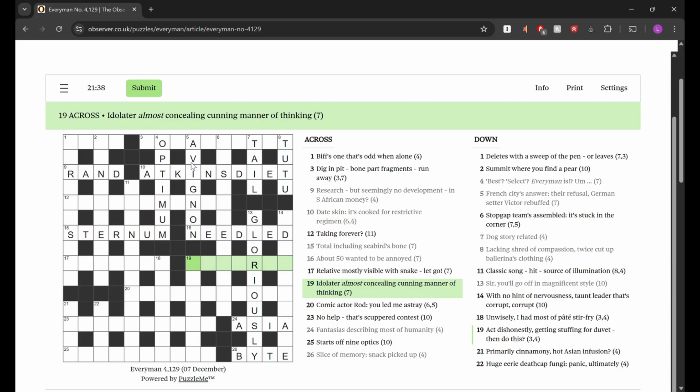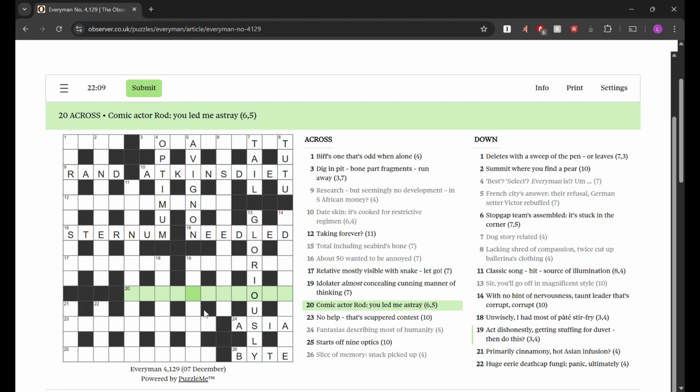I'm taking another word for that and taking most of the letters from almost and putting that inside of, it's going to be concealing, cunning, and then you get a manner of thinking, maybe? Let's come back.